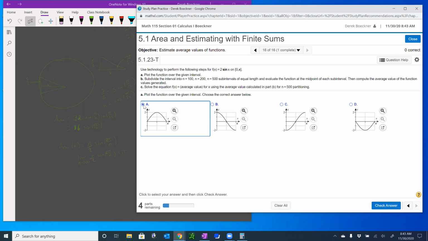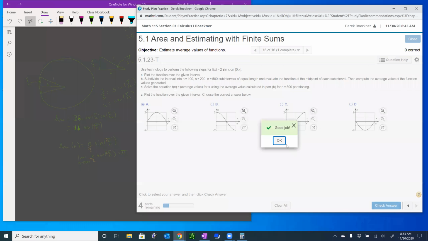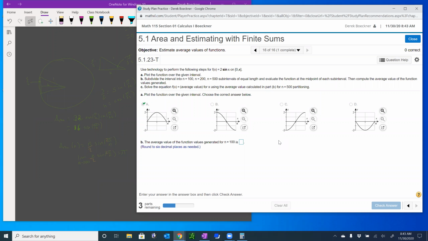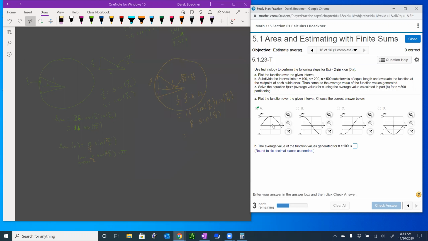Well, that looks like this. This seems like a computer type problem. I think the T means technology probably, especially since it says use technology to perform the following steps. Okay. So let's just pull up Wolfram Alpha again.